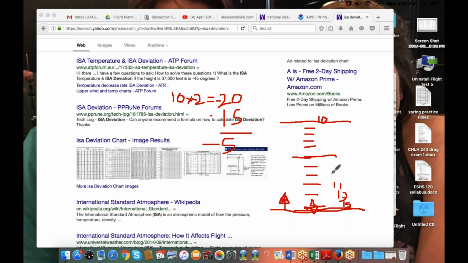All right, I see it now. Yeah, so we're going to slowly go down here. So 11, 9, 7, 5, 3, 1. And here we're going to hit negative 1. And then negative 3.